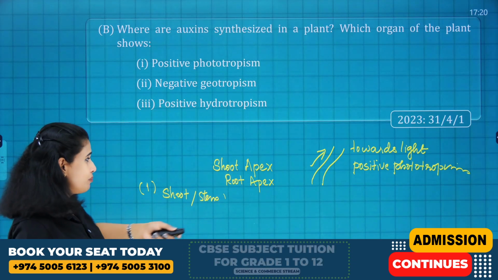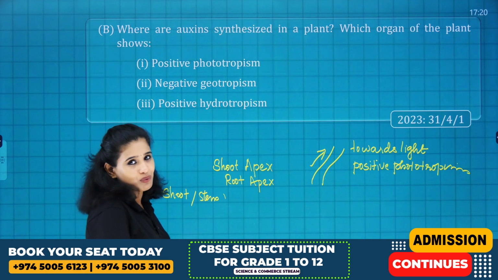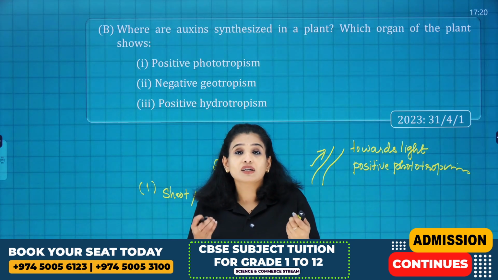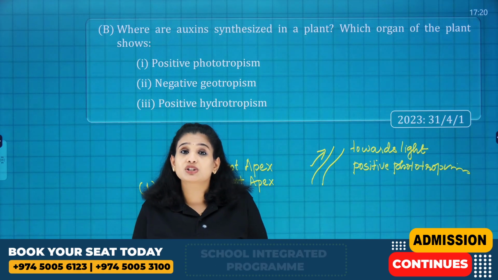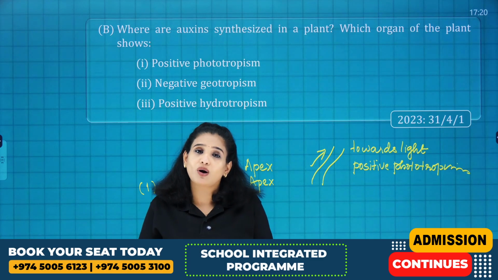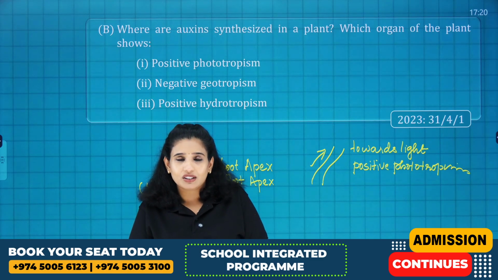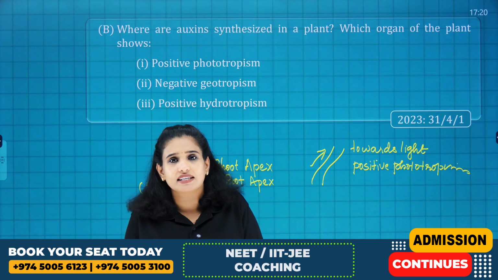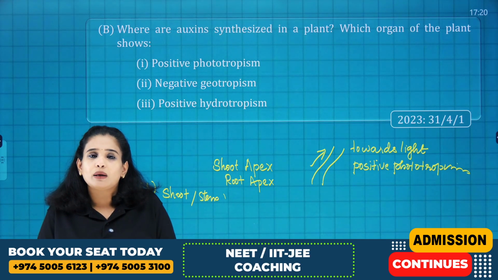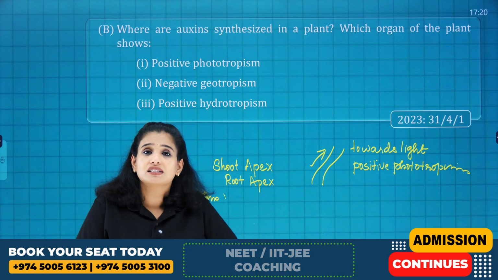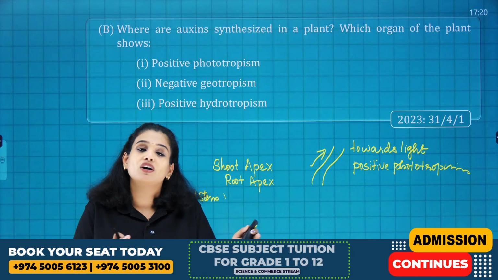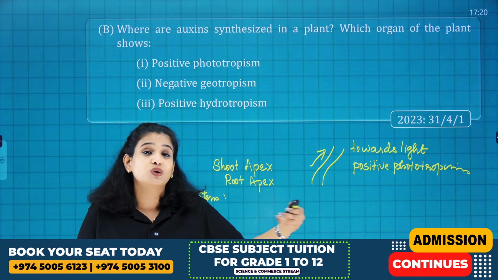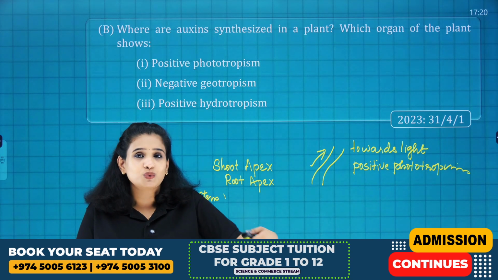Negative geotropism. Before that, we should know what is geotropism. When a plant grows in response to gravity, that is called geotropism. There are two types of geotropism: positive geotropism and negative geotropism. When a plant part goes towards the gravity, it is positive geotropism, like root grows towards the gravity.